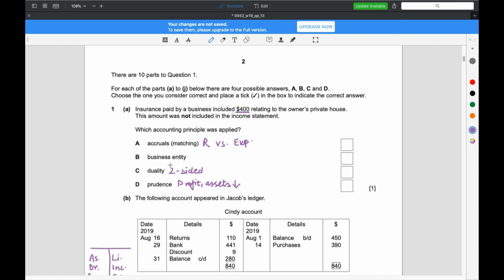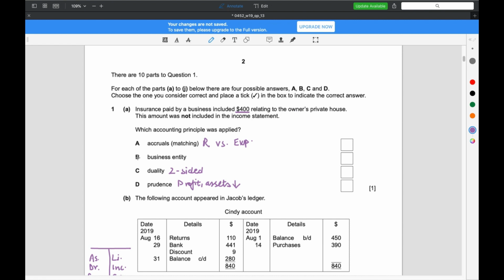One thing gets debited, the other gets credited, or vice versa, right? Part D says prudence, and the prudence concept says that the profit and assets of a business should be understated in the income statement and balance sheets, etc. So this too doesn't have anything to do with the event he's told us here.